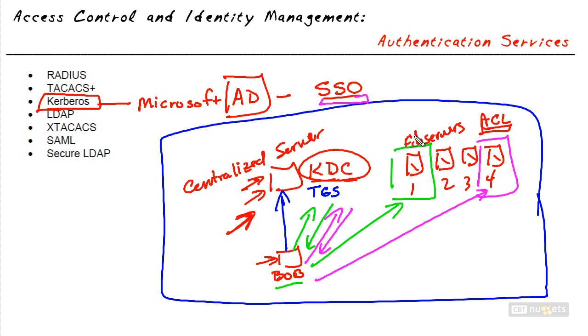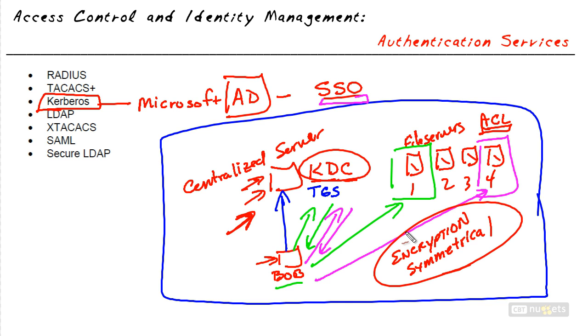The other thing that's really cool about Kerberos is that not only are we authenticating Bob to a server, but we're also using encryption. And it happens to be symmetrical encryption that is going to protect the content of the communications between Bob and server number 4 or between Bob and server number 1. And any time that we do encryption, specifically symmetrical encryption, we're using the same key or some kind of a shared key on both ends to encrypt and decrypt that data.